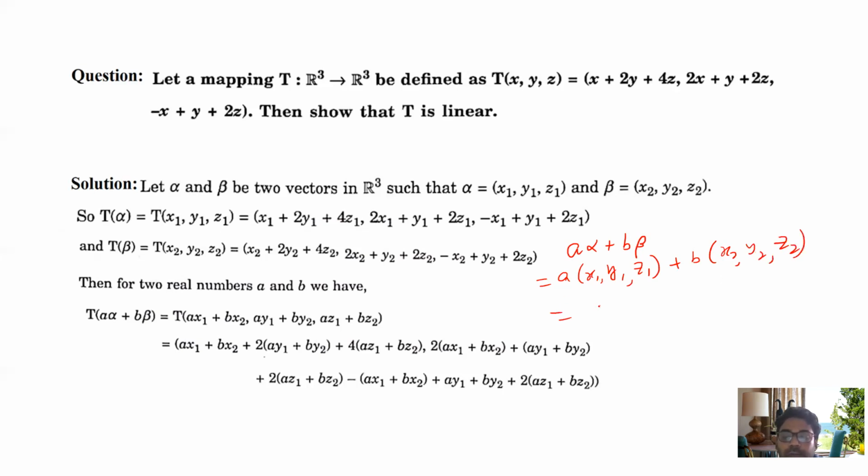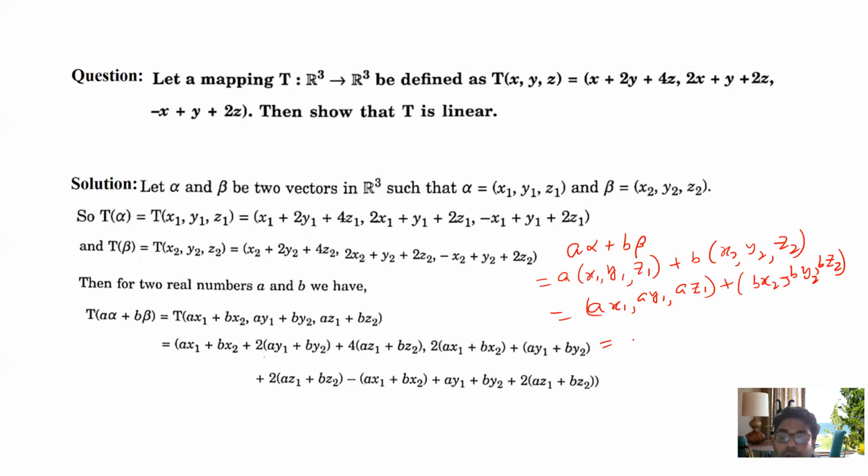So what you have is (a x1, a y1, a z1) plus (b x2, b y2, b z2).